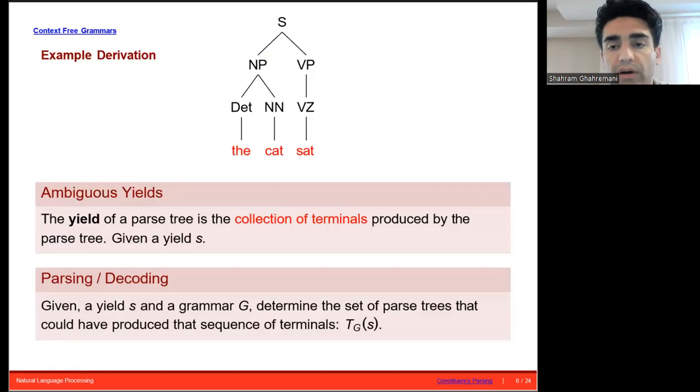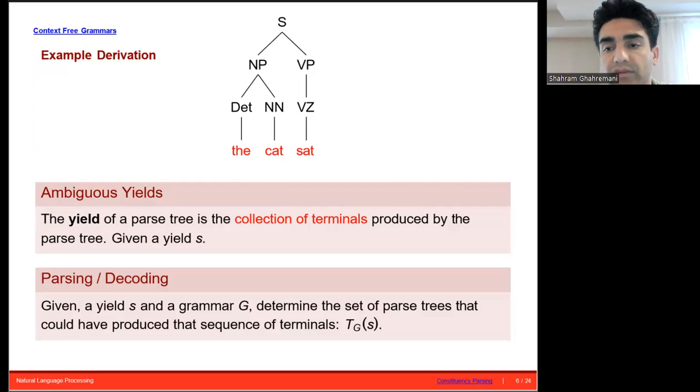So now let's talk about some terminology. One important concept that we will need is a yield. The yield of a parse tree is simply the terminals produced by that parse tree. And the yield is all that we observe.